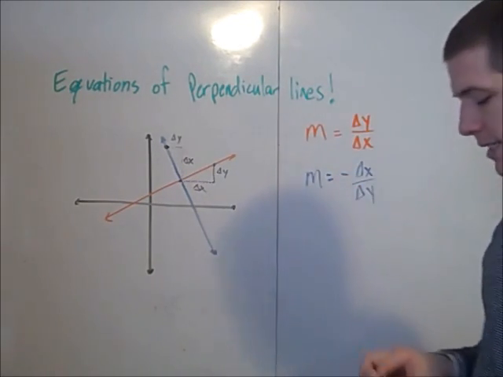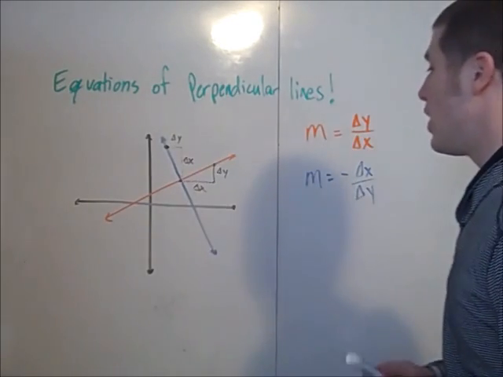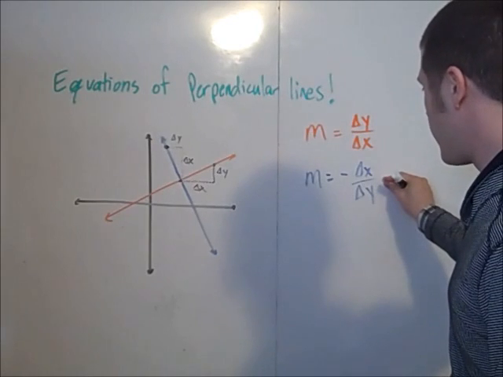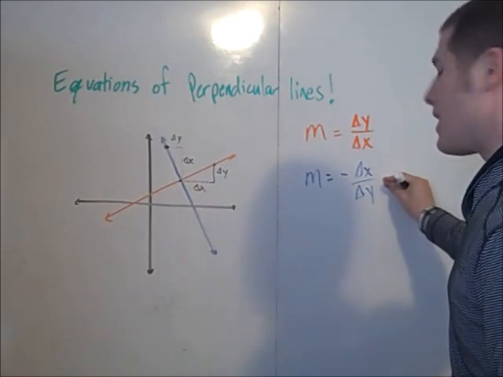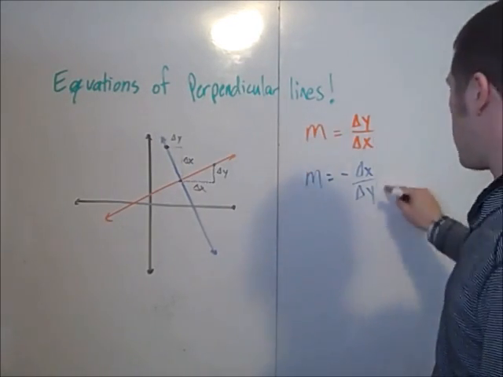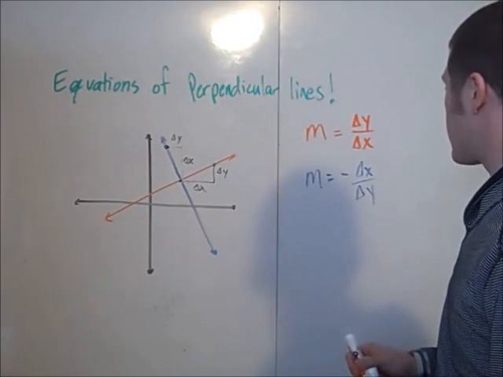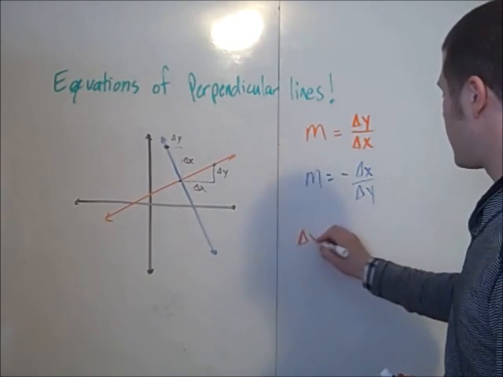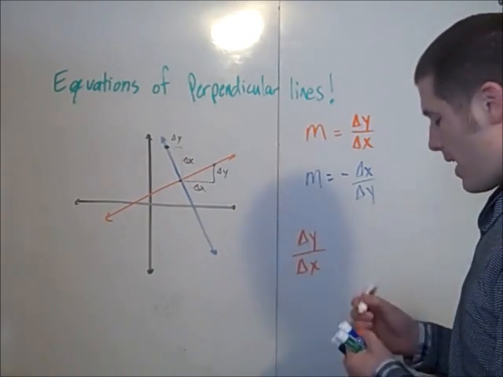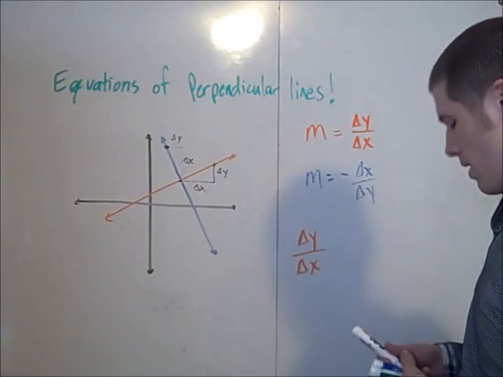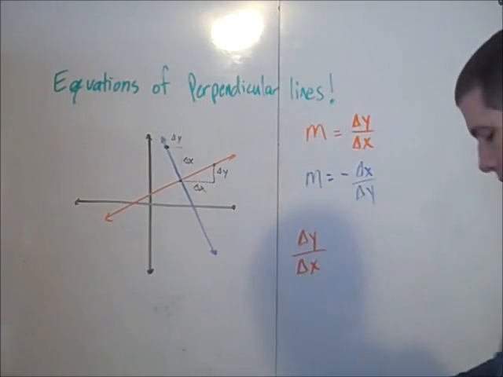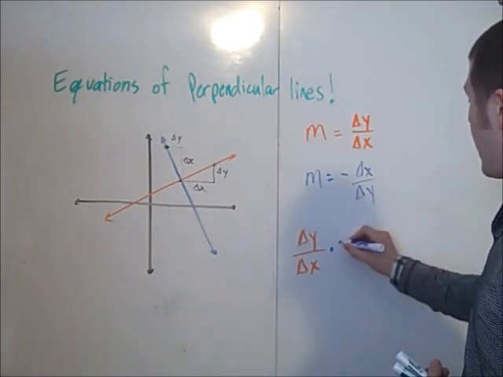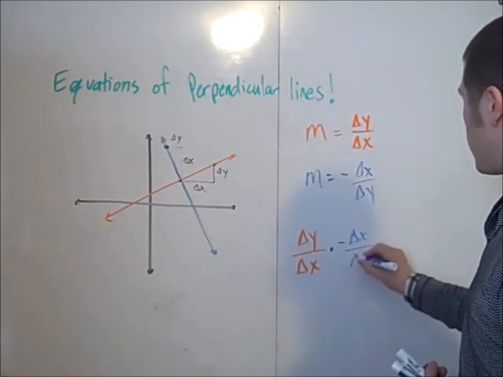Another way you can check to see if two lines are perpendicular is if the product of their slopes is -1. So let's multiply the slope of the orange line times the slope of the blue line. The slope of the orange line is delta y over delta x, and let's multiply that by negative delta x over delta y.